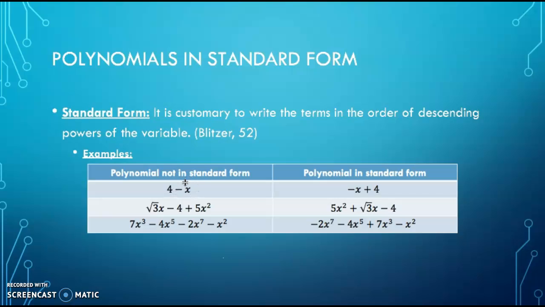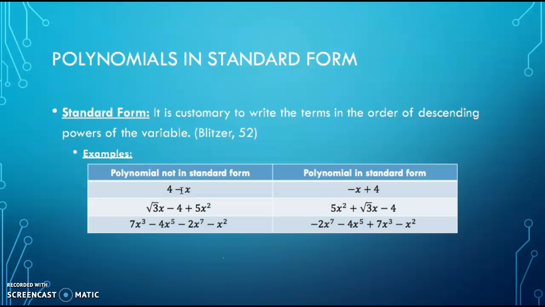So this x to the first term needs to be listed first. What you need to make sure of is that any sign that belongs to these numbers stays with the proper number. So the negative actually belongs to the number to the right of it. It belongs to the x. The way I like to tell my students is that if you look to the left of the number, that's its sign. It has to stick with the number.